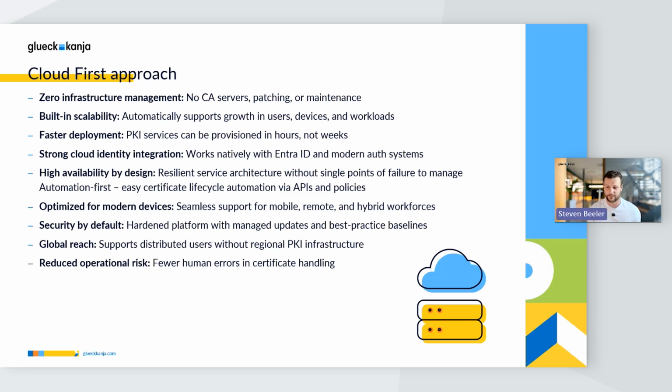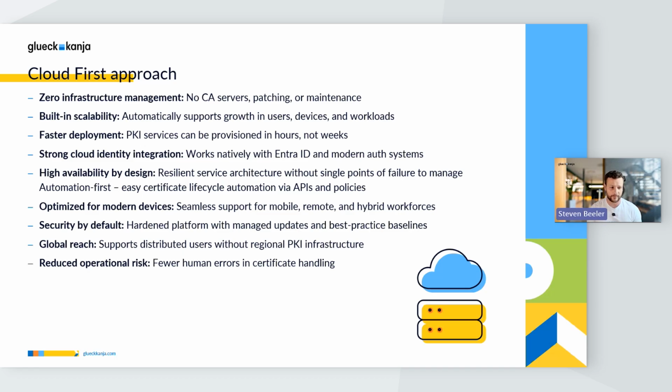And of course, since it's the Microsoft cloud, you have redundancy and high availability, which I think is close to impossible to replicate in your on-prem environment. And it's optimized for modern services. It doesn't matter if you use mobiles or if you're working remote or you're a hybrid worker. Since it's over the cloud, you will get your certificates straight from the cloud and you don't need any connection to your internal network.